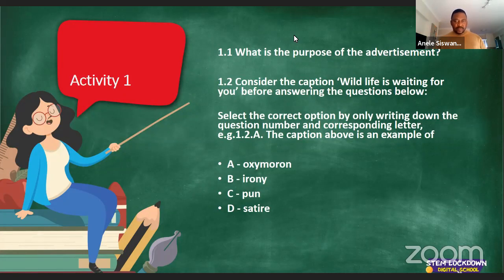The purpose of the advertisement is to convince people to show care towards animals by traveling. For 1.2, others are saying it's D. For those ones who are saying it's D, can you provide a reason as to why you're saying it's D? And for those ones who have answered B, please provide a brief reason as to why you're saying that.